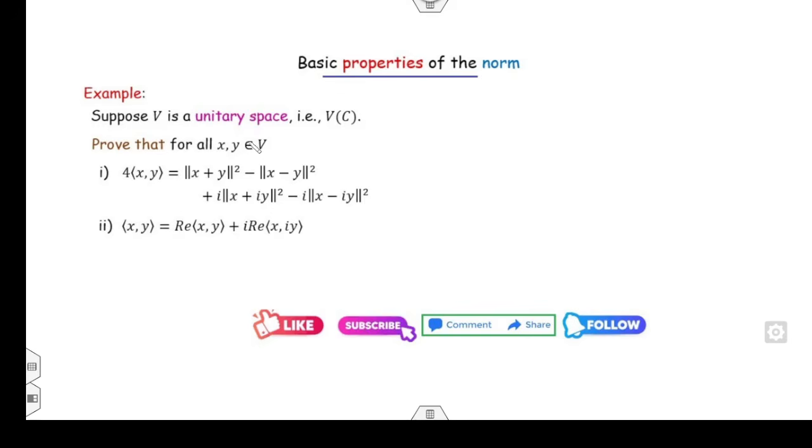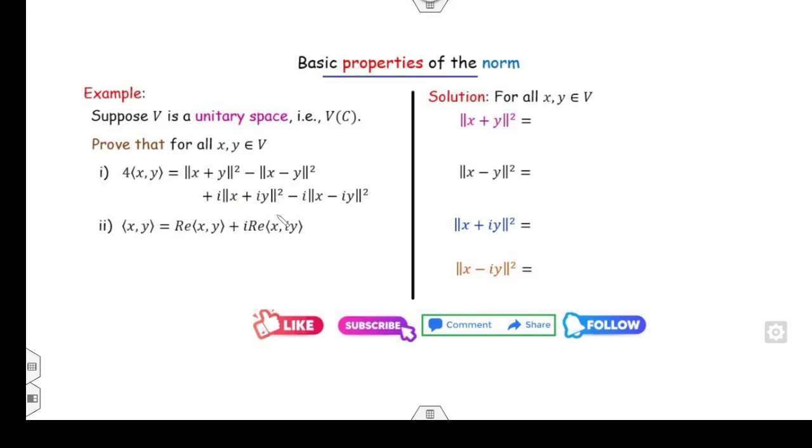Now in this case it is a unitary space. Fine. So again we will start; our target is to evaluate x plus y, x minus y, x plus iota y, x minus iota y. Let us rewrite this by opening it: (x plus y, x plus y).